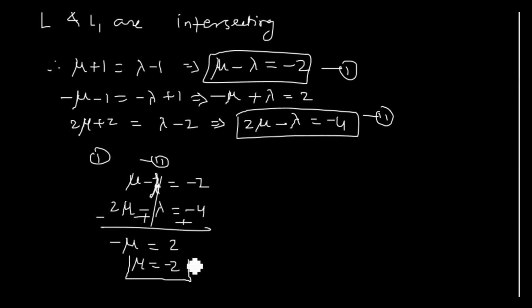We can even get lambda, but to find the point Q we can put the value of mu. If I put mu equal to minus 2, the value of lambda comes out to be 0.